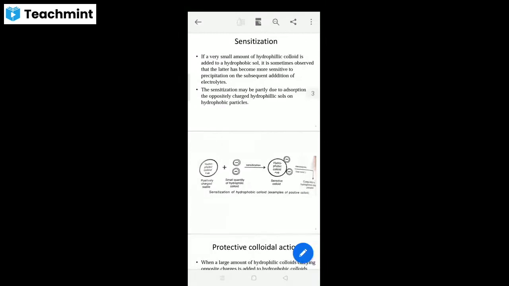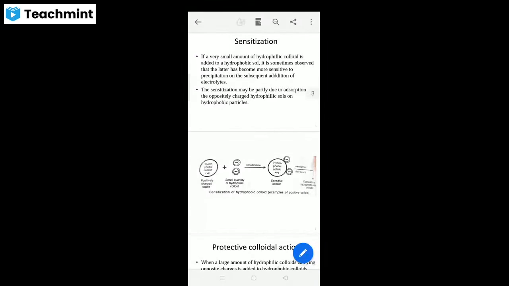If our lyophobic particle has a positive surface charge, and more negative electrolytic ions come in the vicinity of the positively charged lyophobic particle, obviously it will start to coagulate faster.